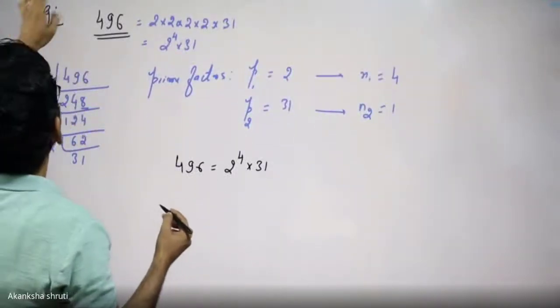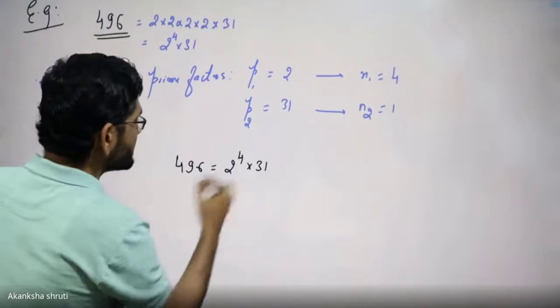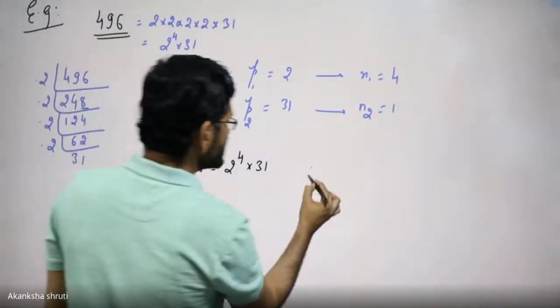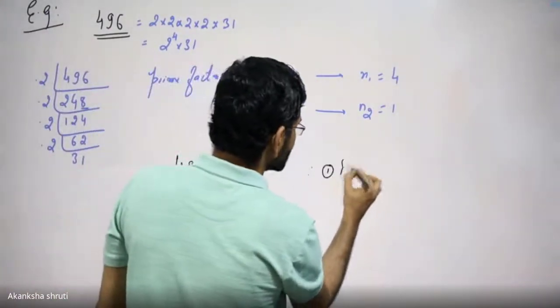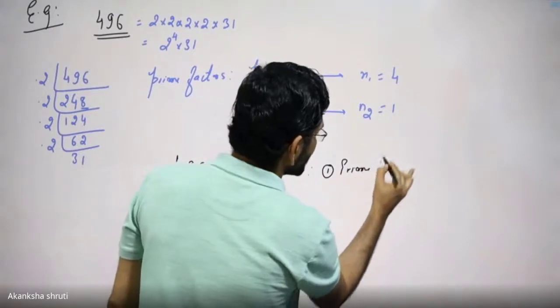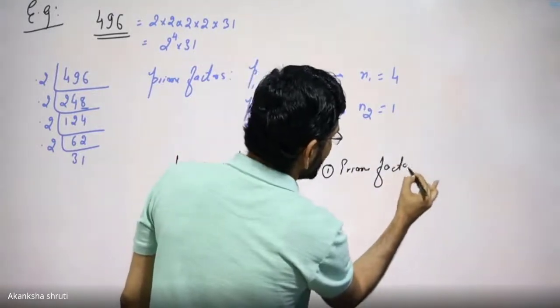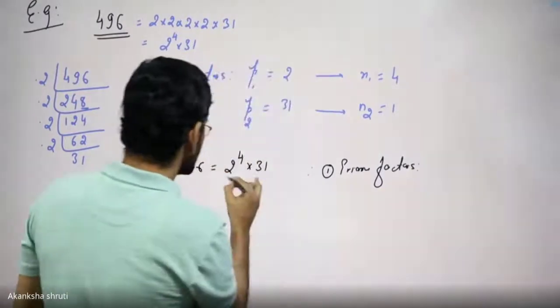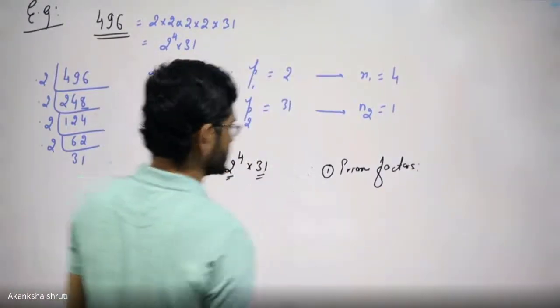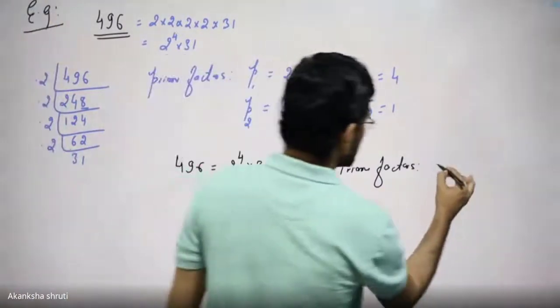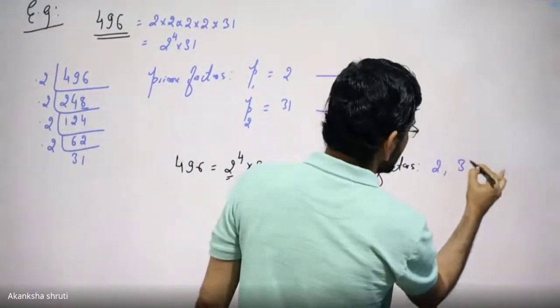What are the prime factors? If it is asked for the prime factors, students, you only need to take the base. So it is 2 and 31.